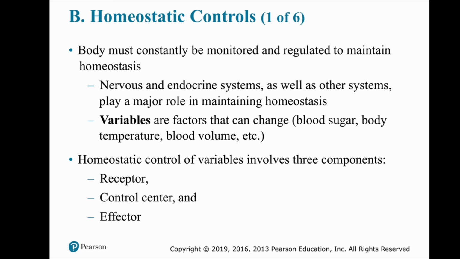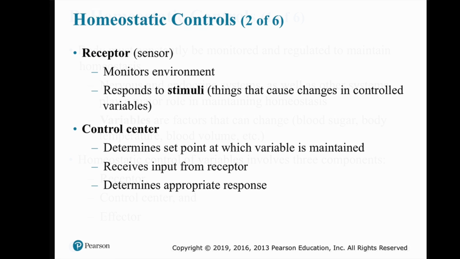There are variables. These are factors that can change, such as blood sugar levels, body temperature, and blood volume. And there are three components that control these variables: the receptor, the control center, and the effector. Okay, so let's look at these three components.